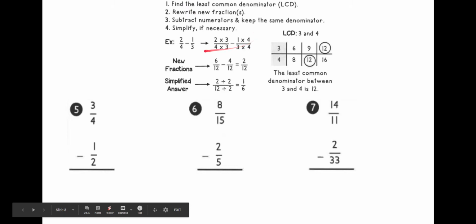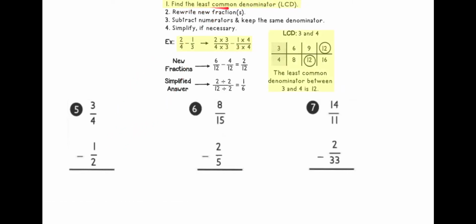All right, so now we have some problems where the denominator is not common. So find the least common denominator. That's going to be our first step. You can do it this way by listing it. For example, if we have 2/4 minus 1/3, we find out that the denominator is 12.